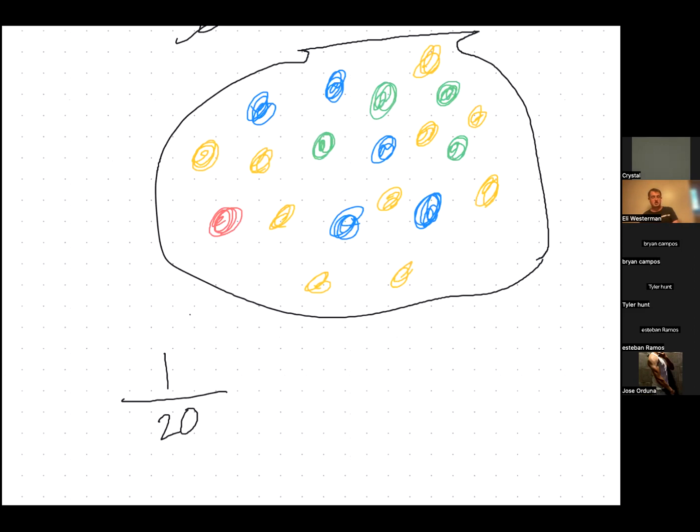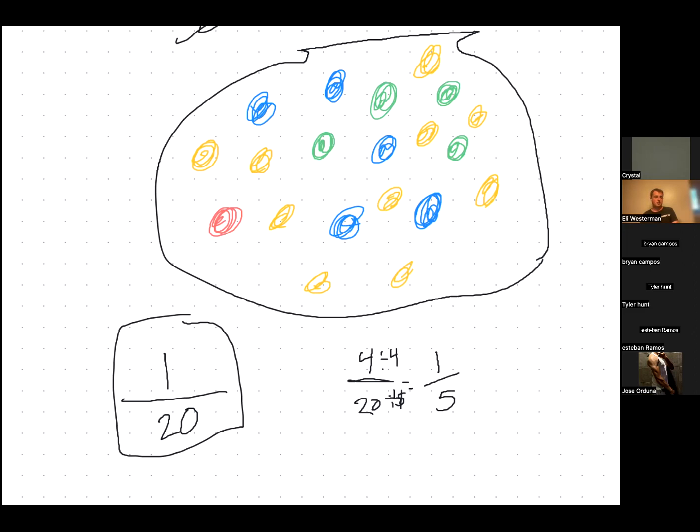So there's a 1 in 20 chance. Now let's talk about the chance that I draw a green marble out. There are 20 total marbles, and 4 green marbles. So my chance is 4 over 20. If you simplify that, dividing both by 4, you get 1 over 5.